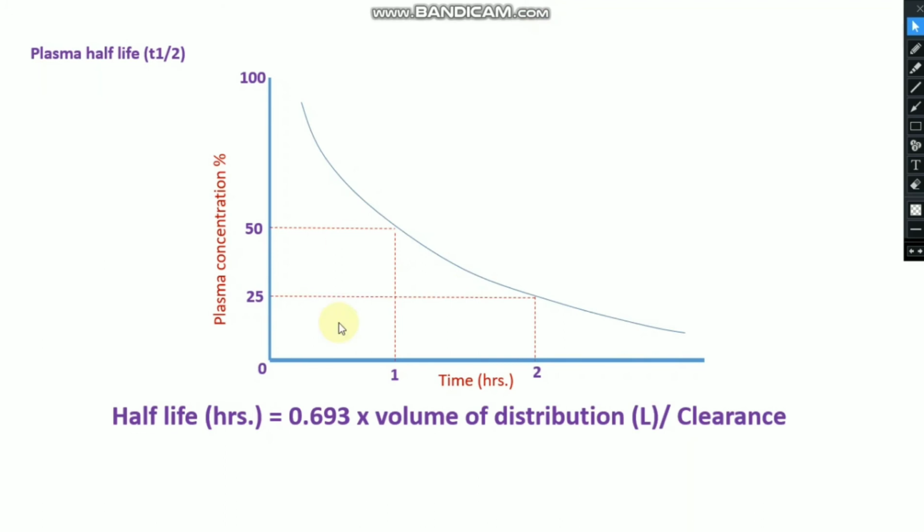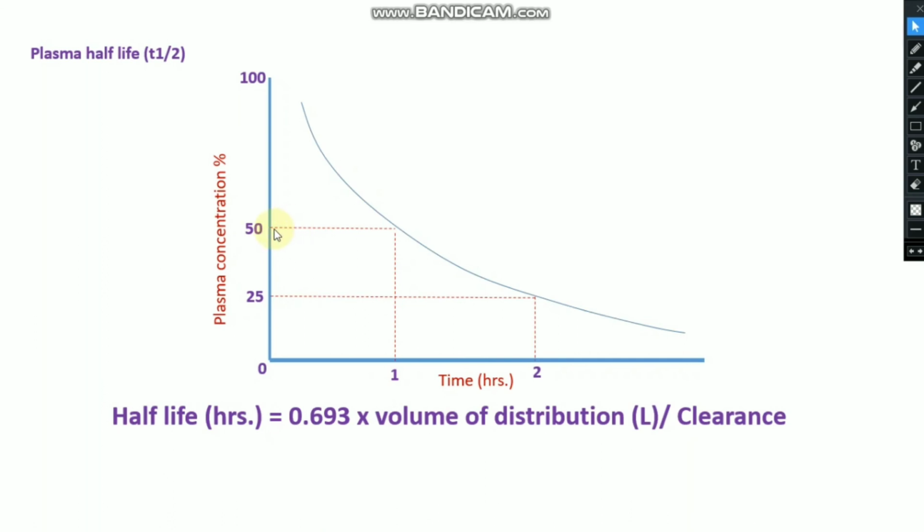So in this plot, this is the plasma concentration and this is the time. If you consider the plasma concentration is 100, then it decreases to 50%, and how long it takes to decrease by 50%, that time is known as the plasma half-life.